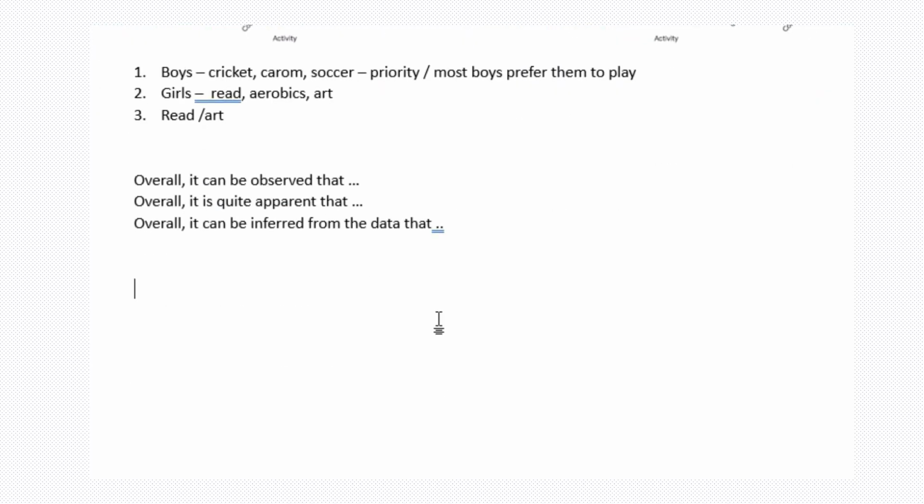Remember, we don't have to write more than 3 sentences in your overview, and sometimes even a couple of sentences, and sometimes even one sentence which basically describes the accurate trend is more than good enough. So you can start something like this. Overall, it can be inferred from the provided data that.